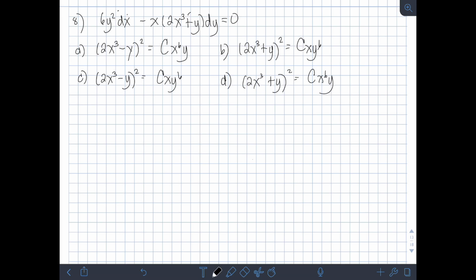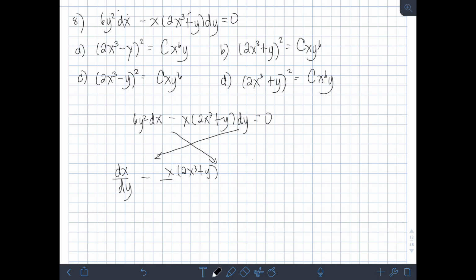So, pwede kong gawin, sulat ko muna, 6y squared dx minus x times 2x cubed plus y dy equals 0. So, pwede kong i-cross multiply si dy dito, tapos si 6y squared dito. So, magiging dx over dy minus x times 2x cubed plus y over 6y squared equals 0.